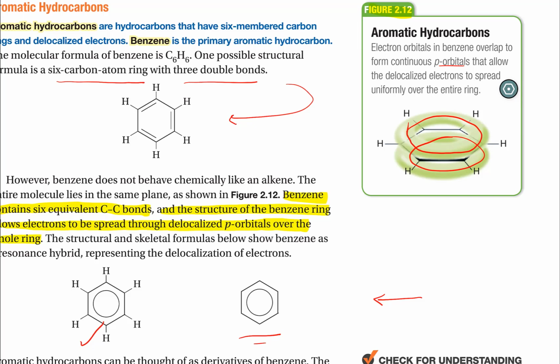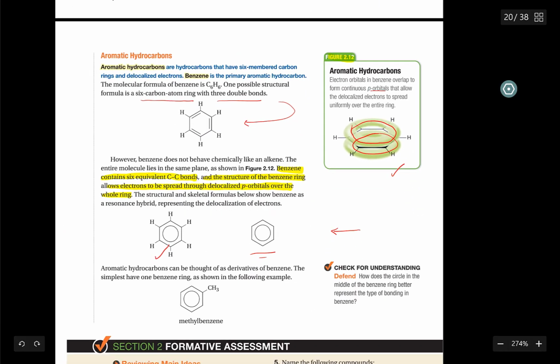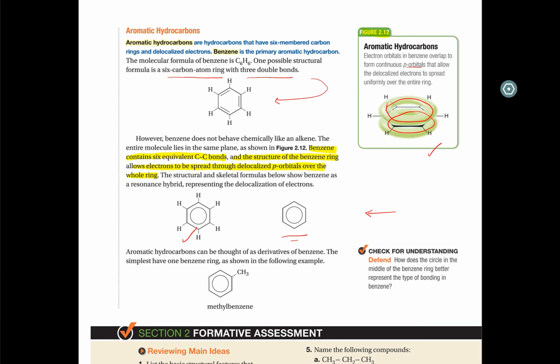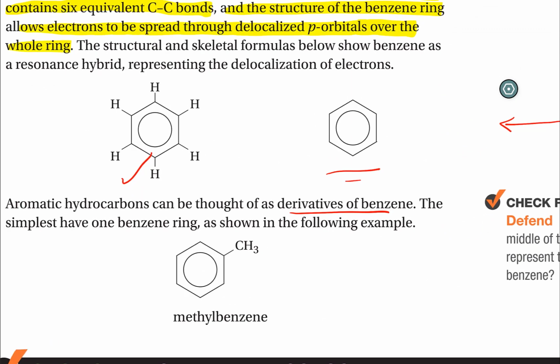So this is the structure of the benzene. All other hydrocarbons are derivatives of the benzene. So that's why we say the benzene is the base structure for the aromatic hydrocarbons. For example, look at this structure which we have here. One methyl group is there instead of one hydrogen.